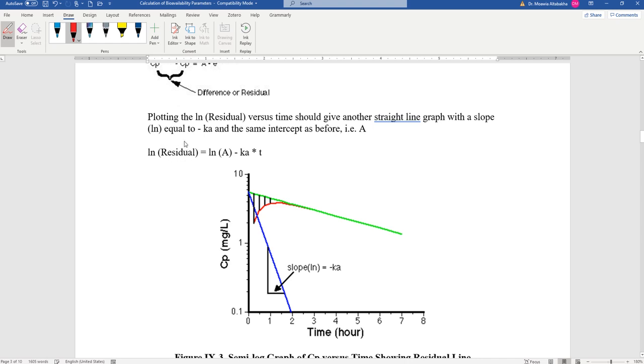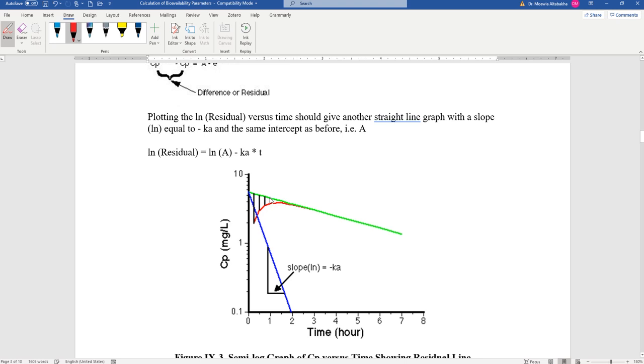This is the residue. Okay, so ln this difference will be equal to ln A minus KA في T. شوفوا, on the same semilog paper, على نفس semilog paper, you find the difference between the straight line, okay, at different times, okay, with the real concentration.